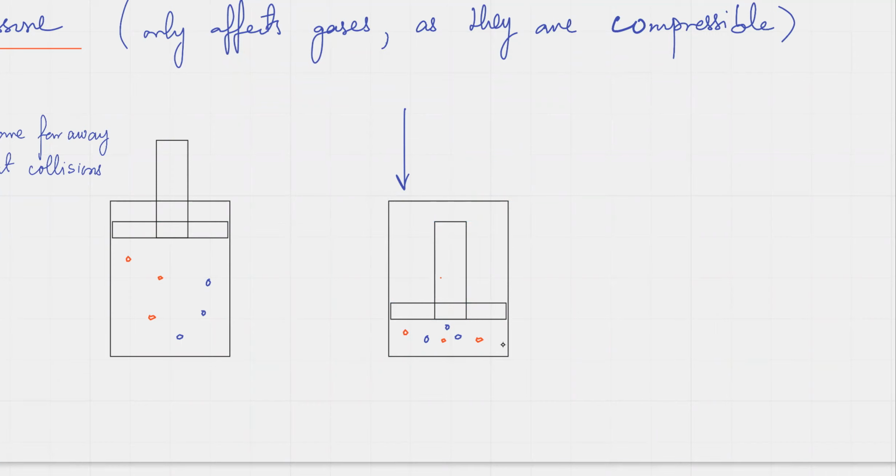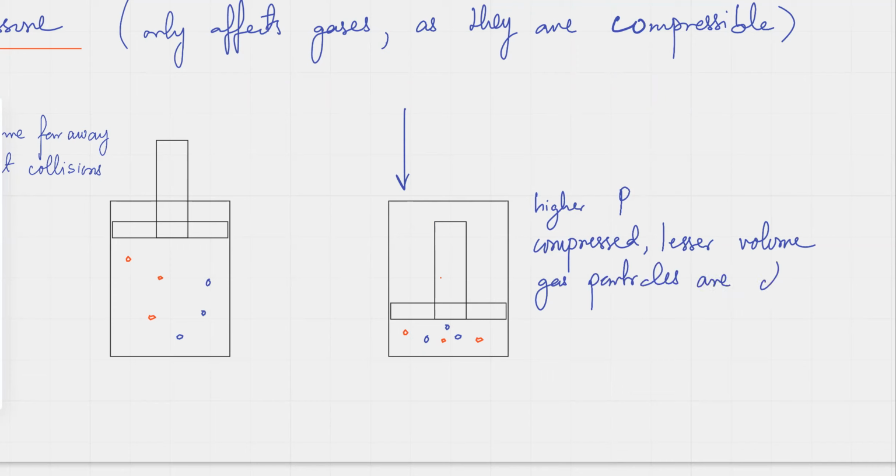Okay, so now at higher pressure, they are compressed, lesser volume. So gas particles are a lot closer, and you get more frequent collisions.